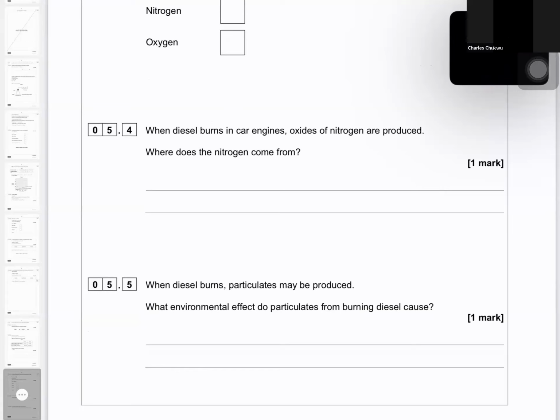It says, when diesel burns in car engines, oxides of nitrogen are produced. Where does the nitrogen come from? Okay. So, if we remember that the process of getting diesel, petroleum products from crude oil is called fractional distillation, right?